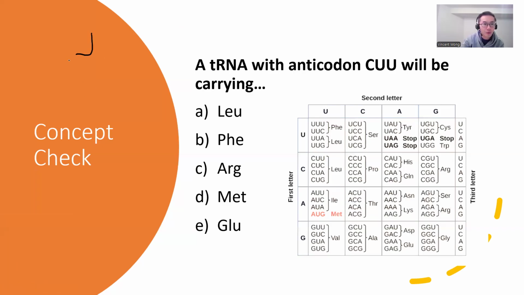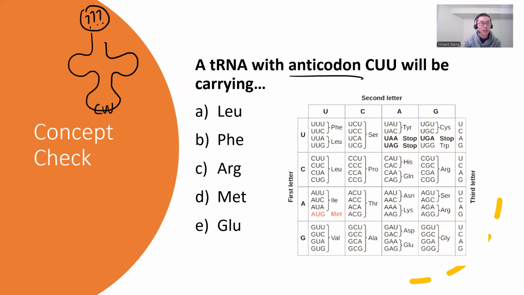Okay, so if I draw the tRNA, you don't have to draw on the test, but I'm drawing it for you. I'm trying to figure out the amino acid, and the anticodon is CUU. You do not look up CUU, because CUU is the anticodon. We do not look up the anticodon. This is called the codon chart.